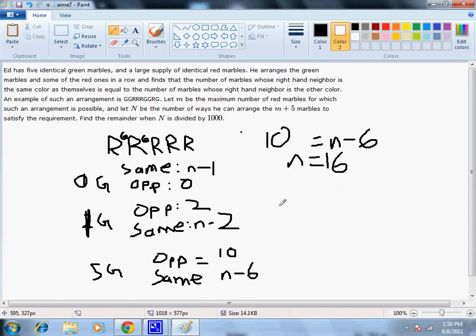So there are 16 red marbles, and the green marbles can be placed in any of the 15 spots between the red marbles.